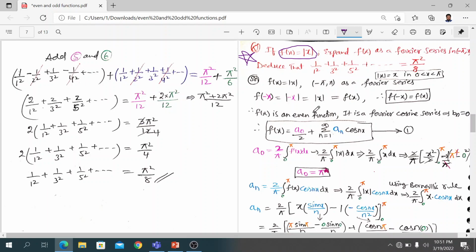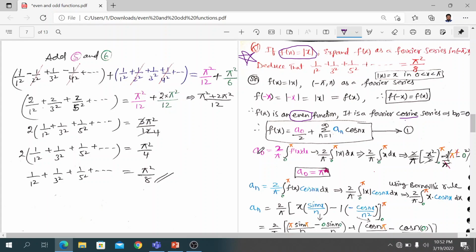It is an even function and it is a Fourier cosine series. Fourier cosine series means bn value will be 0. F of x will be a naught by 2 plus sigma n is equal to 1 to infinity an cos nx. Mark it as first equation.